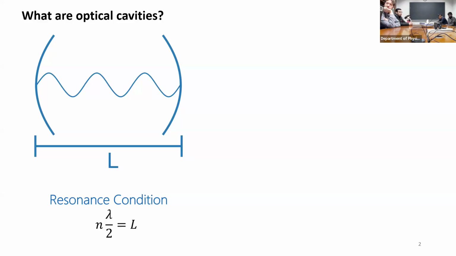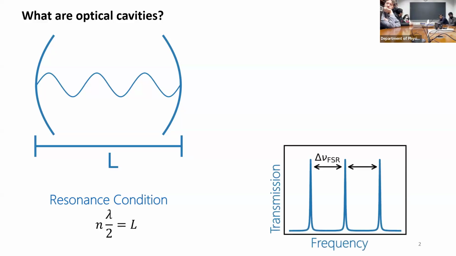At a particular length, only certain wavelengths should emit light or produce light inside the cavity. If you were to plot this as a function of frequency or wavelength, you should see these resonances at certain frequencies only. These resonances are actually not lines, rather they are a bit of a Lorentzian curve because of the limited reflectivity of the mirrors.